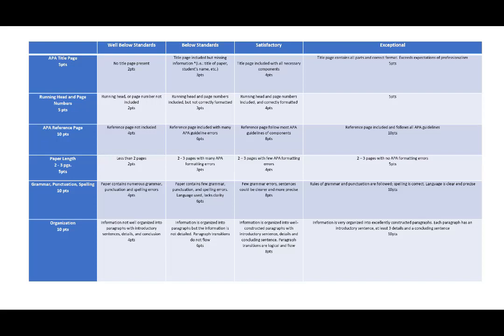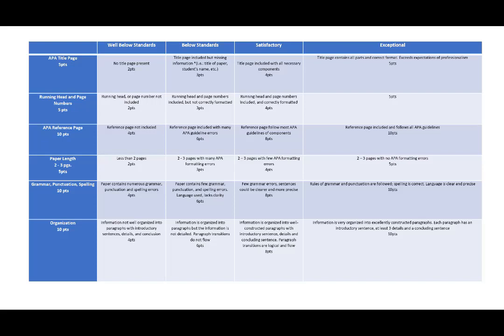So when we talk about the APA title page, worth 5 points if you did, perfect, right? This is going to be, and I will have an example of it a couple slides from now. It is going to have, of course, your page number.